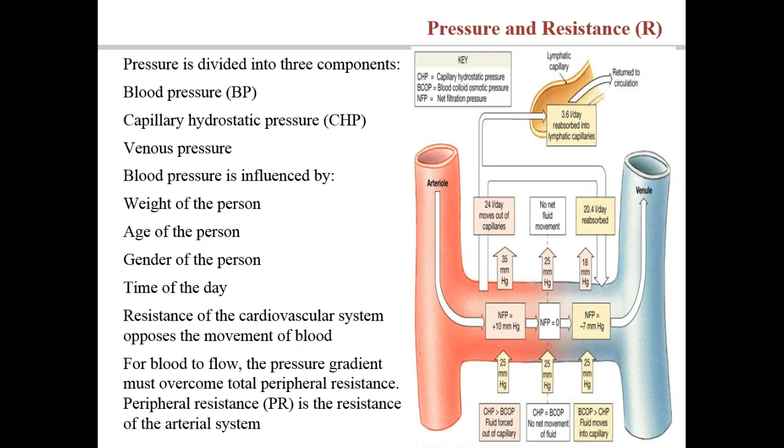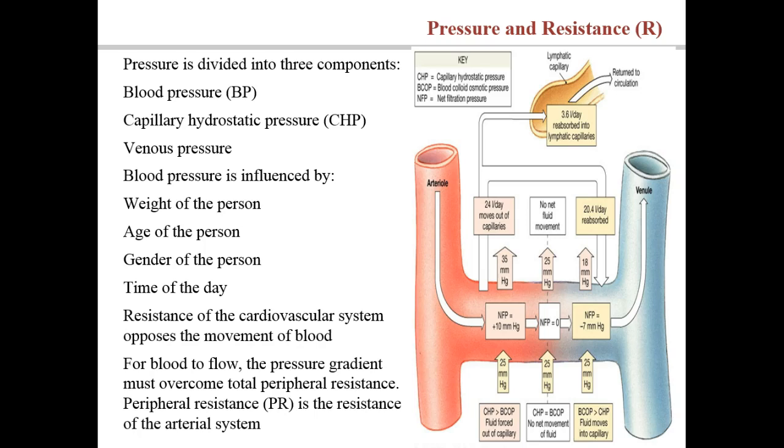If you then look at the other side, the venous side, because you have moved fluids out, when you get to the venous side of that capillary bed, the hydrostatic pressure inside is only 18 and outside is 25. So that means that fluids are going to move back in.